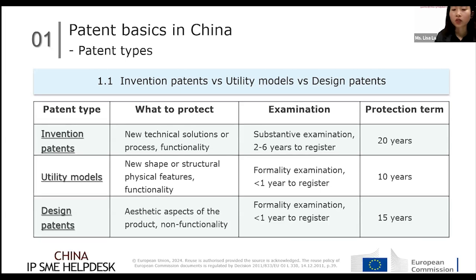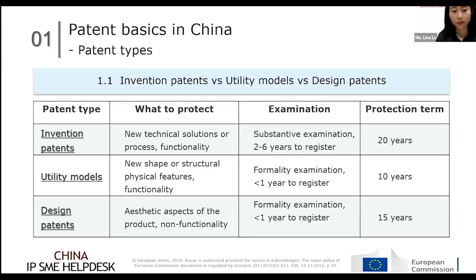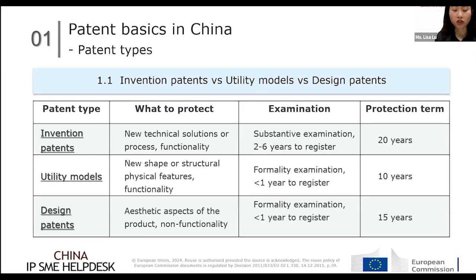That means the China Intellectual Property Administration, the IP office, CNIPA, will go through the application and look at the detail and cross-check and do all the comprehensive examination before they approve the patent application. Different from that, for utility models and design patents, there is no substantive examination. The CNIPA simply checks the formality of your application. Therefore, it takes less than a year to register.